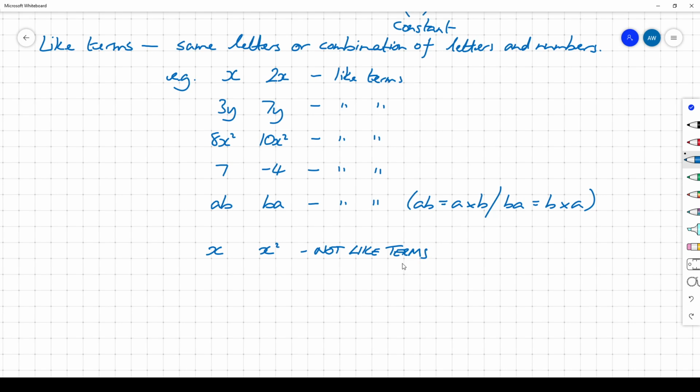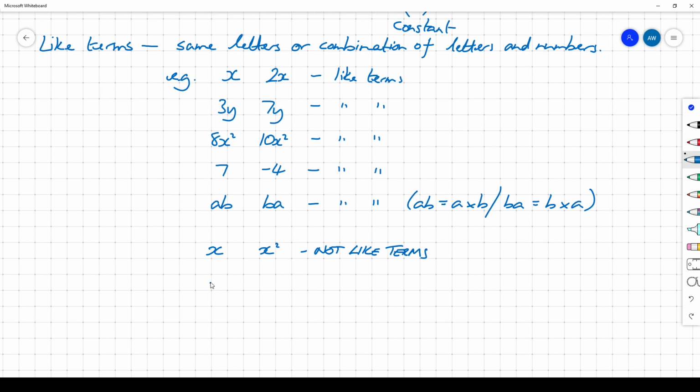Okay, they are not like terms because that one's x and that's x squared. They are different things. I say x squared, this means x times x, and this just means x. So if you put values instead of them, they would clearly be different, and you cannot collect those together.